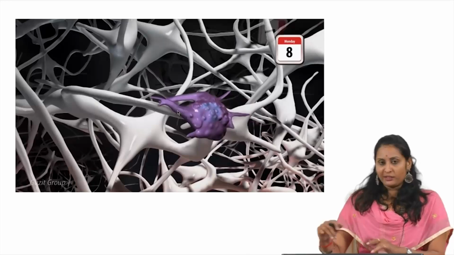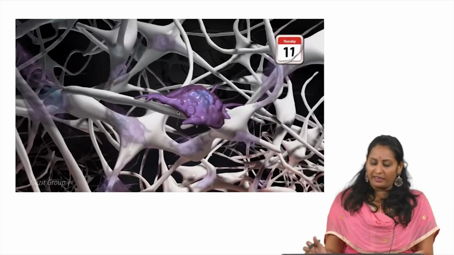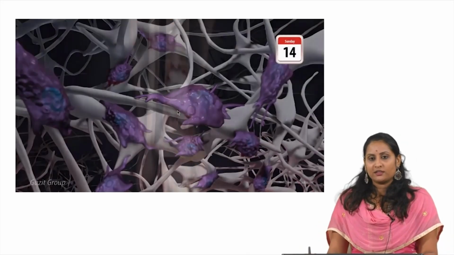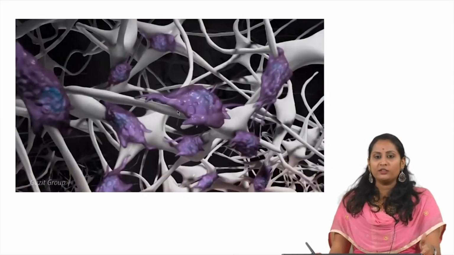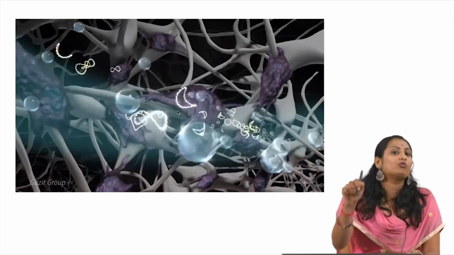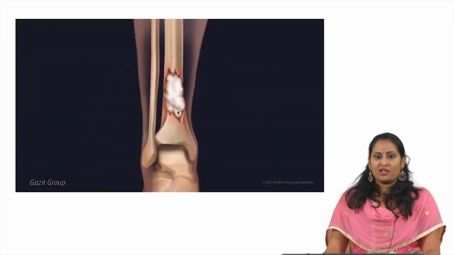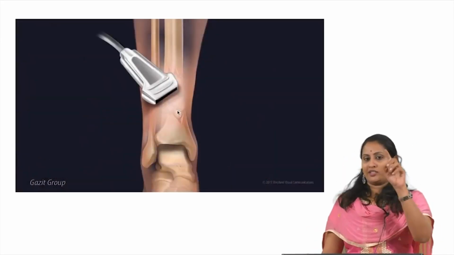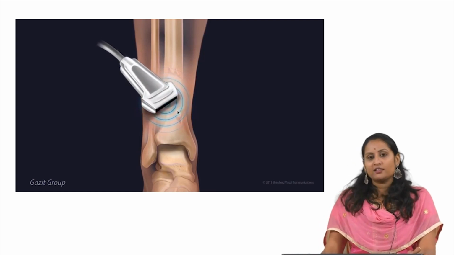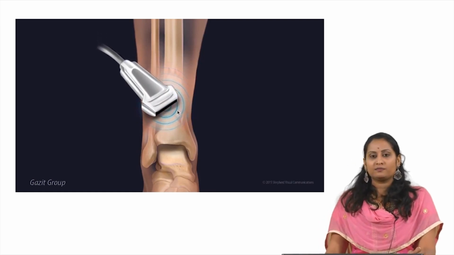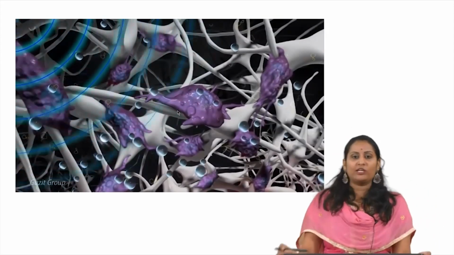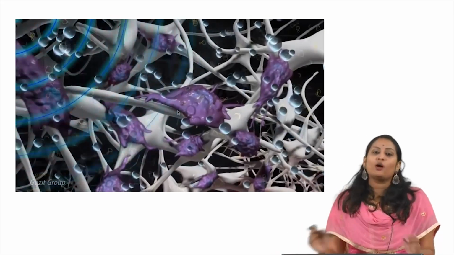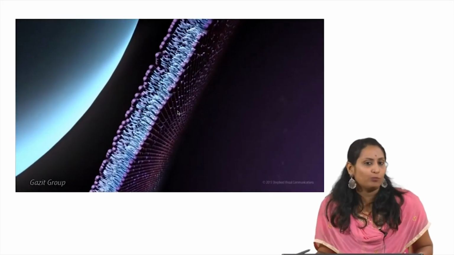After 2 weeks, the mesenchymal stem cells slowly invade the scaffold, and then they inject DNA and microbubbles carrying bone morphogenetic protein and apply ultrasound, the external stimuli. Now all the DNA will get into the cells, and it will start the bone repairing process.